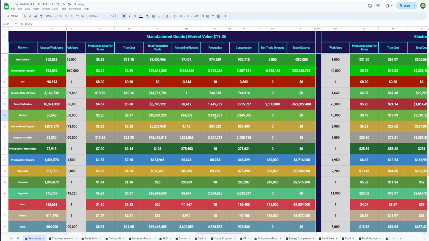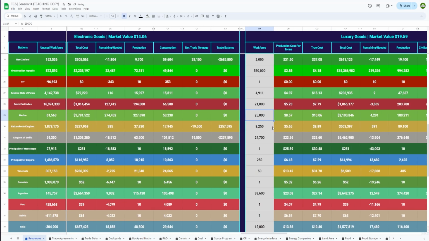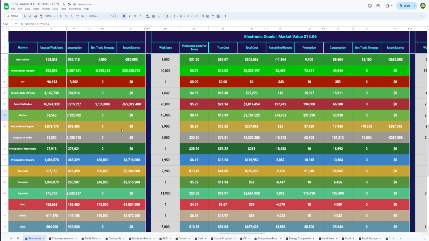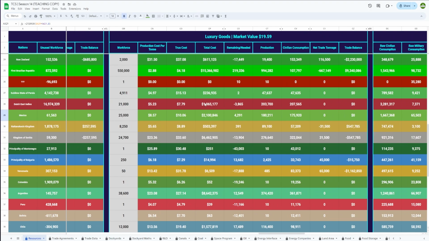So producing it increases the amount of manufactured goods we use, and manufactured goods increase the amount of raw materials we use, and so you want to work from right to left so that you're not confusing anything. As otherwise you'd work all the way over to the right, and then the thing at the left will no longer be valid. So we're fulfilling our luxury goods need.